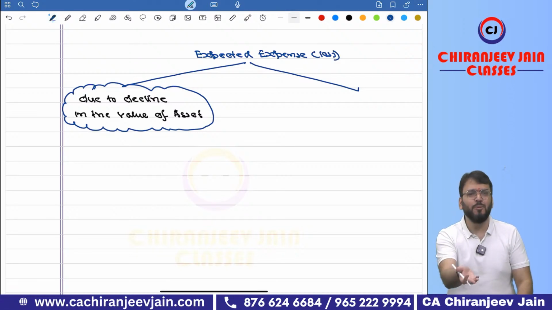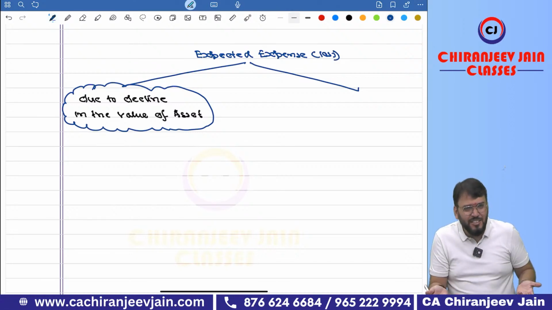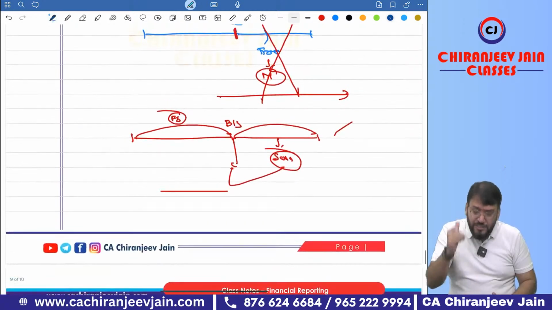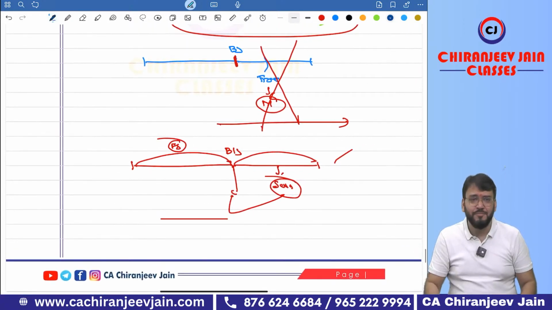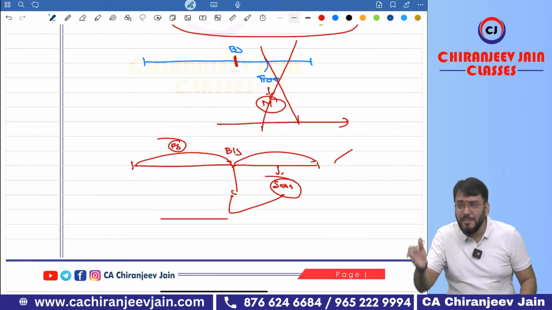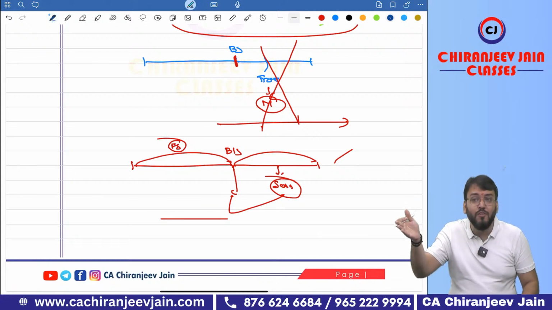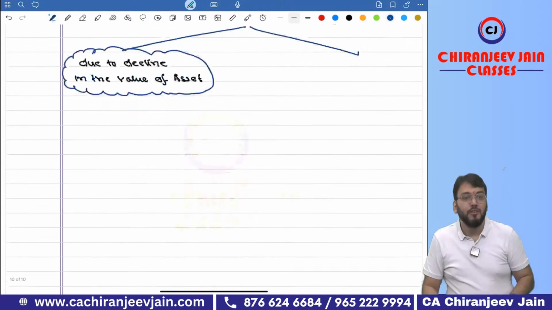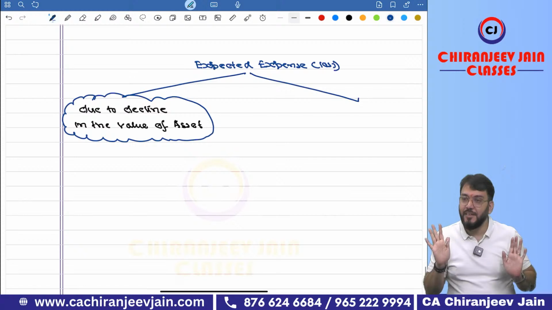The best example is provision for doubtful debt. That is a decline in the value of debt due to expected losses. Doubtful, he may not pay. The outcome depends on whether he will pay or not. Got this point? The best example is that.